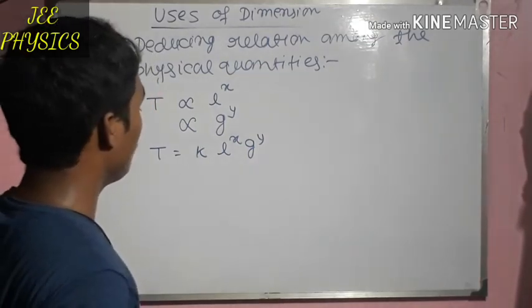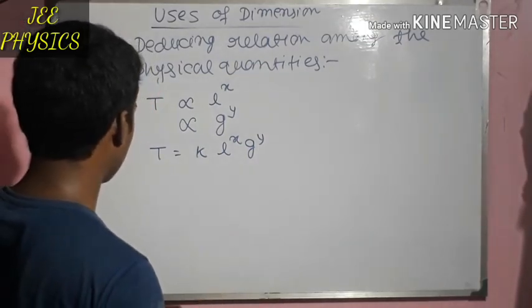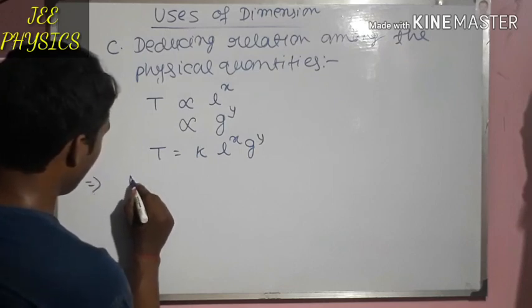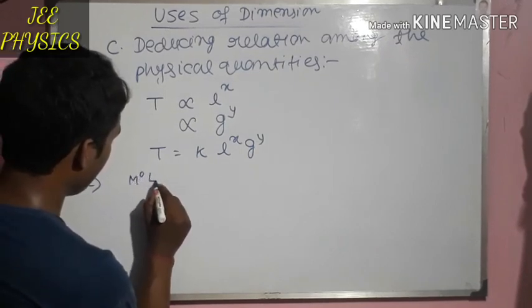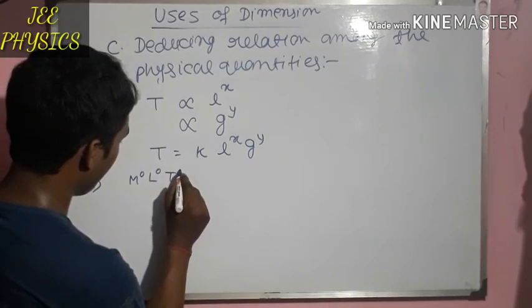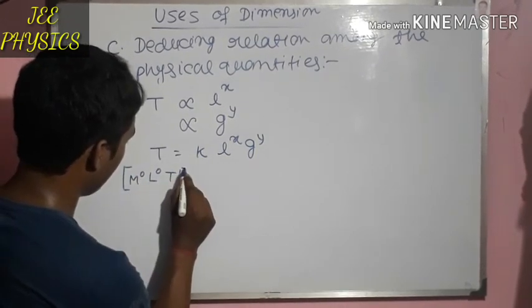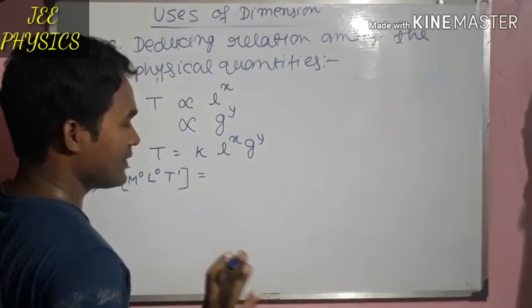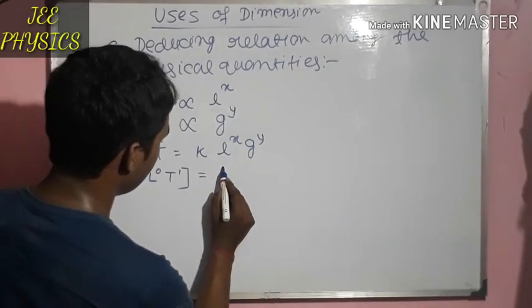Now write both side dimensions. In the left side, the complete dimensional formula is M to the power 0, L to the power 0, T to the power 1. In the right side, the dimension of k is 1, it is dimensionless.